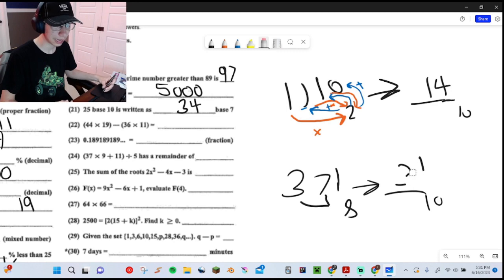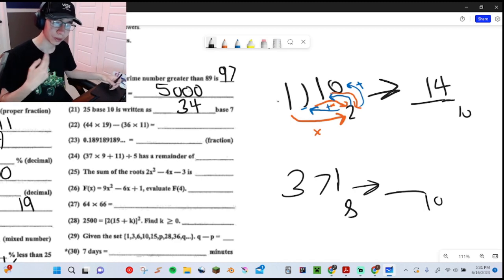So let's say I had 371 base 8 to base 10. Well, instead of doing 3 times 64 plus 7 times 8 plus 1 times 1, which is kind of long, I can do 3 times 8, it's 24, plus 7, it's 31, times 8, that's 248, plus 1, 249. It's a quick trick.